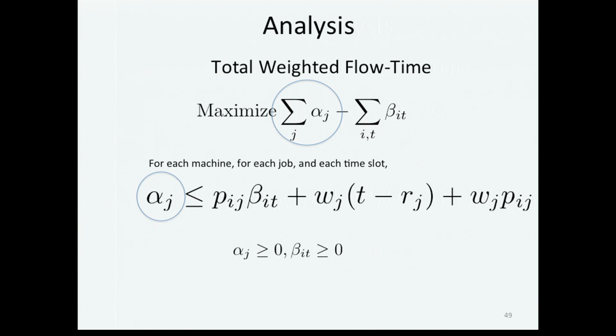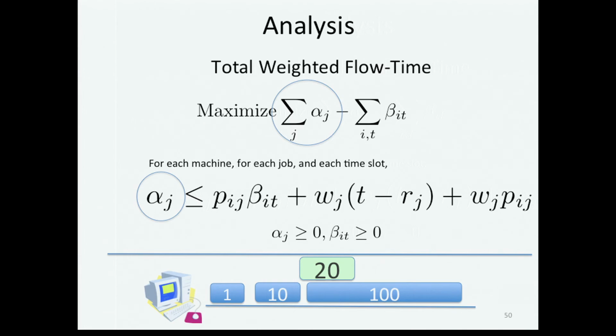And here, the scaling also depends on the speed given to the algorithm, and that is very crucial. Without that, you basically can't show any positive dual objective. Okay, so that will be the plan. You want to set alpha j as roughly corresponding to the total weighted flow time of the jobs.